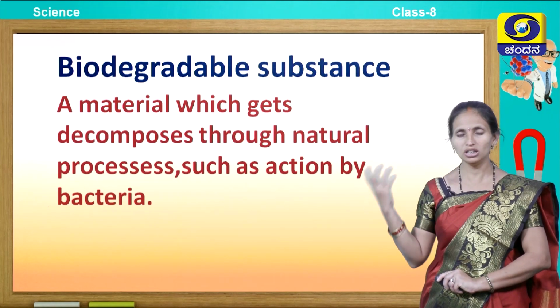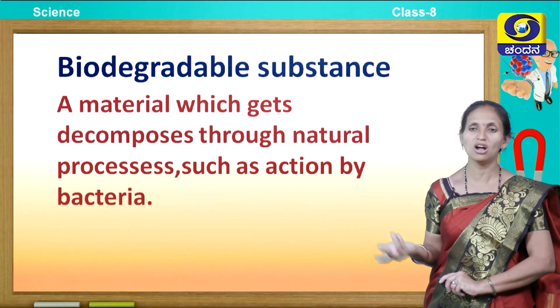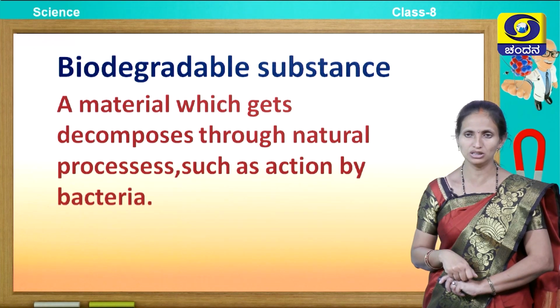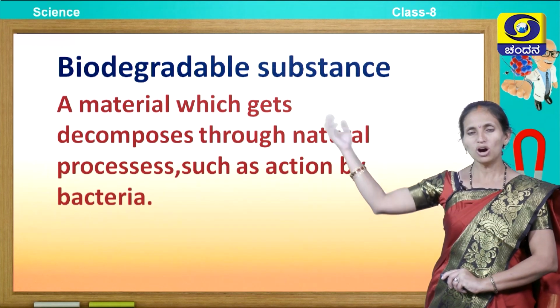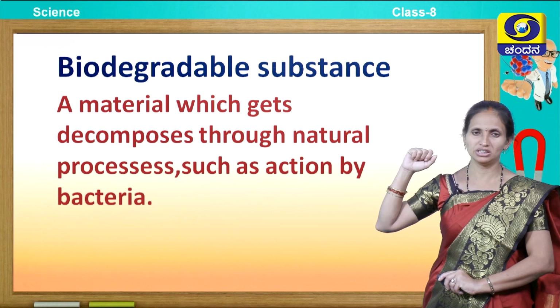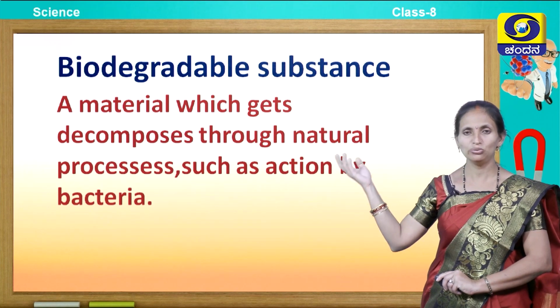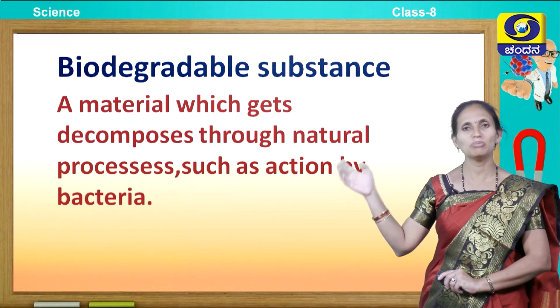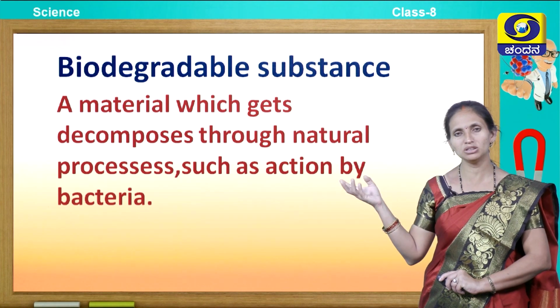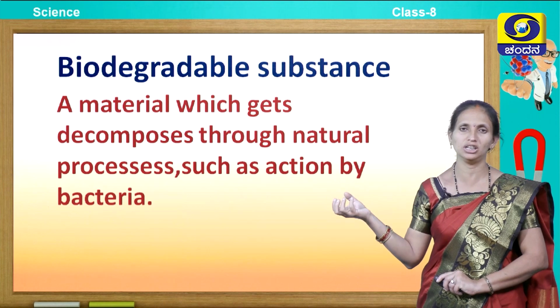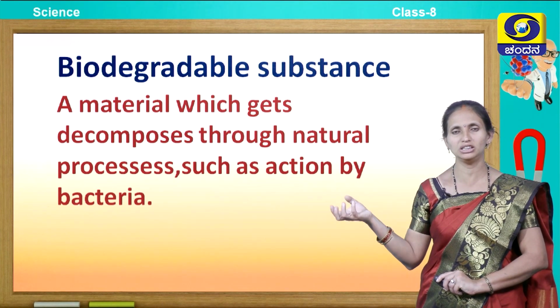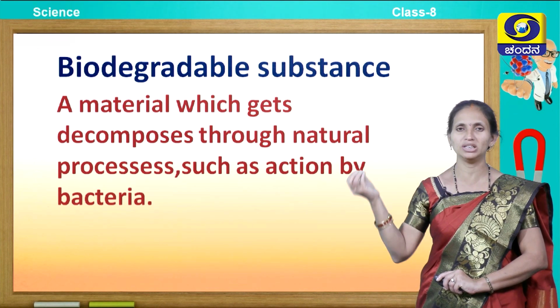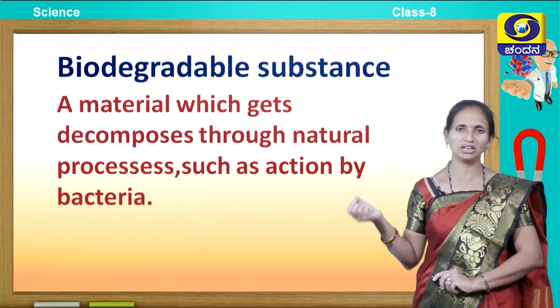What is a biodegradable substance and what is a non-biodegradable substance? What are biodegradable substances? The material which gets decomposed through natural process. Biodegradable substances are those substances which can degrade naturally in nature, by the action of some bacteria.